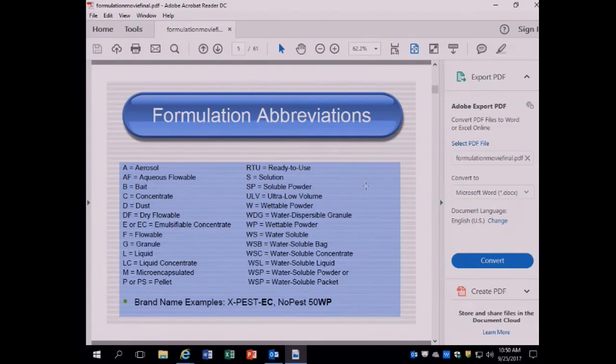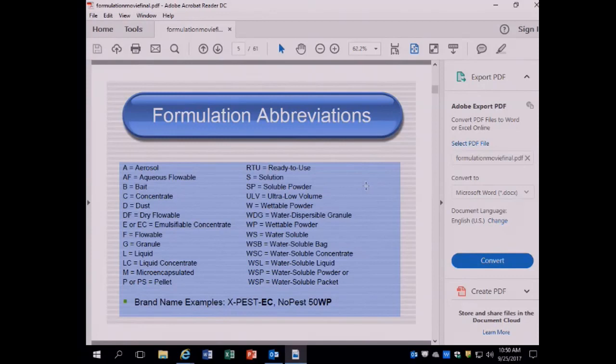And M is a micro-encapsulated, and that one's a little complicated. We'll talk about it specifically. Then we talk about P or PS as a pellet. An RTU is a ready-to-use. S is solution. SP is a soluble powder.